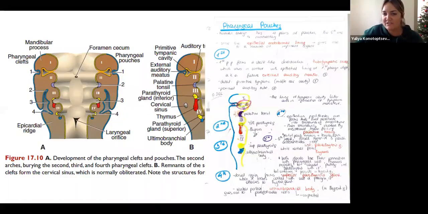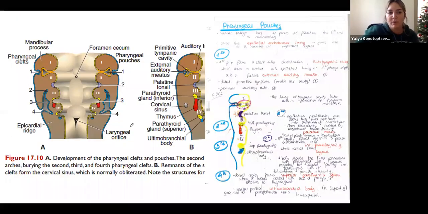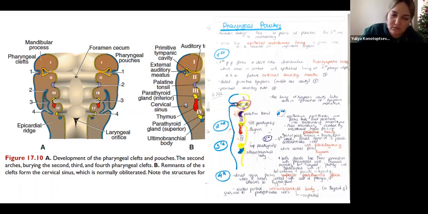Now, what about clefts and pouches, right? So we talked about the different arches, what they give rise to, but what about clefts and pouches? You remember that the clefts are located on the outside, on the ectodermal surface, while the pouches are located inside on the endodermal surface.